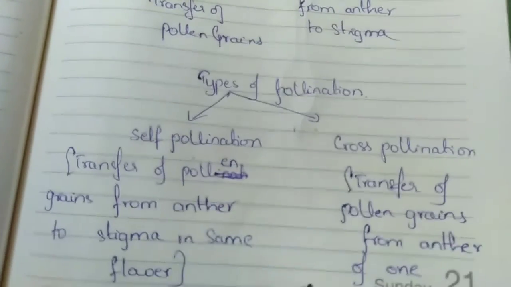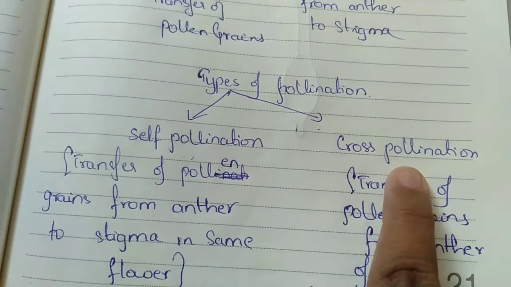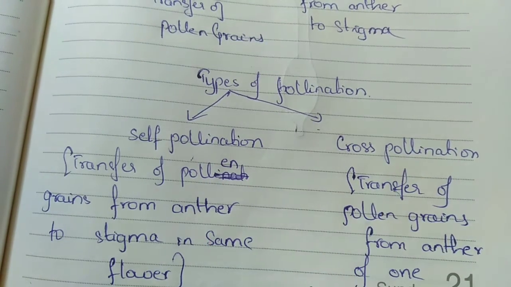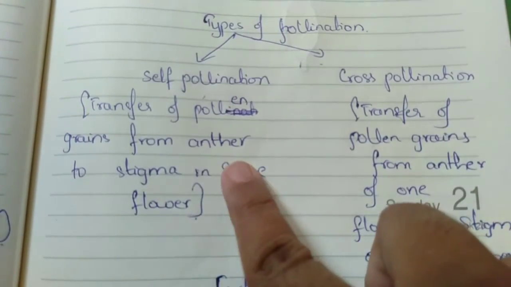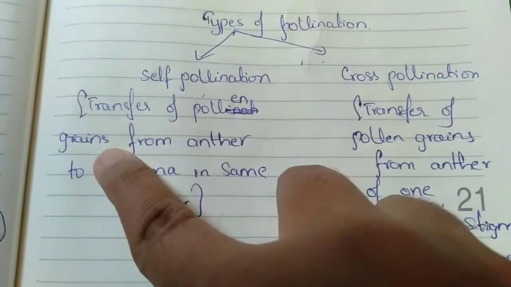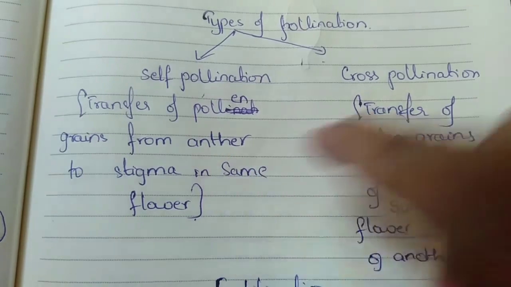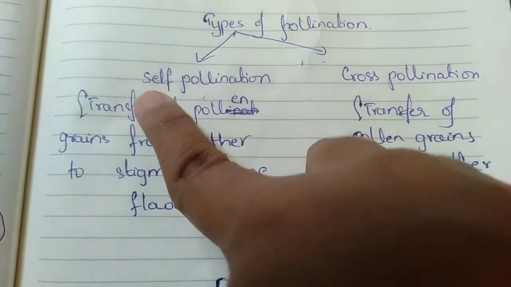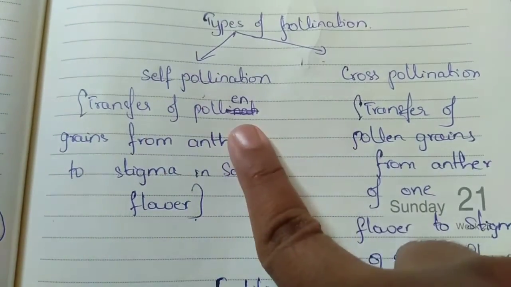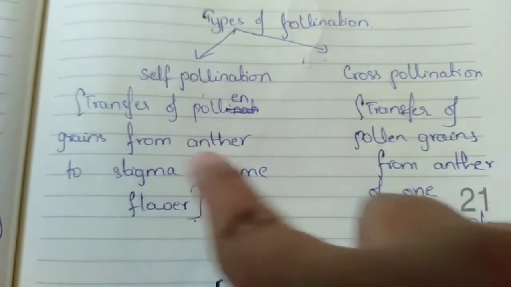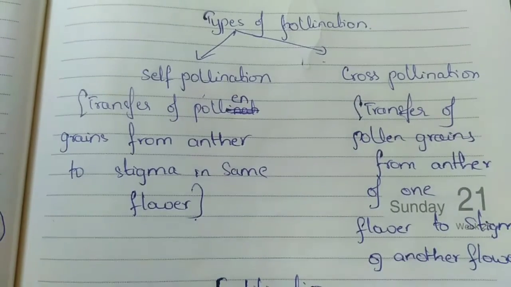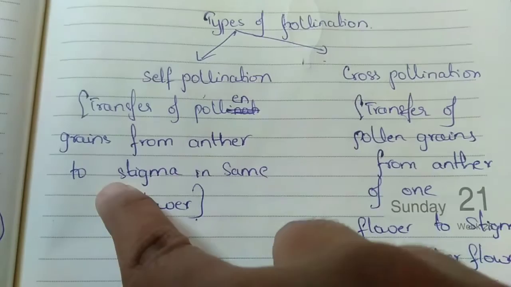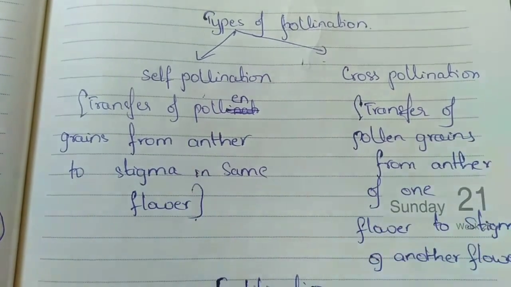Now I'll tell you the types of pollination. We have two: self-pollination and cross-pollination. First, self-pollination. I told you that there are pollen grains in the anther, that yellow thing. The insect transfers them from the yellow powder to the stigma, the sticky thing.